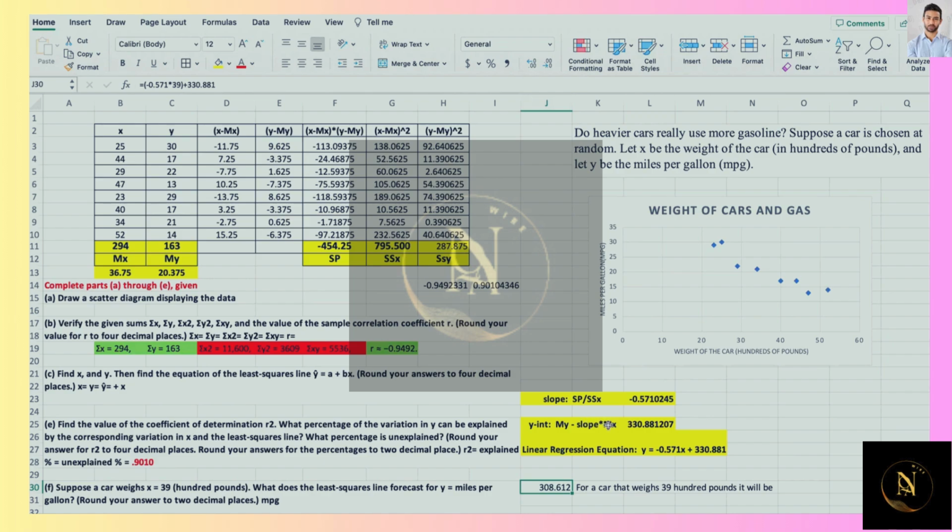Let me do that again. The y-intercept is the mean of Y minus the slope times the mean of X. Oh, because it's starting at 330.